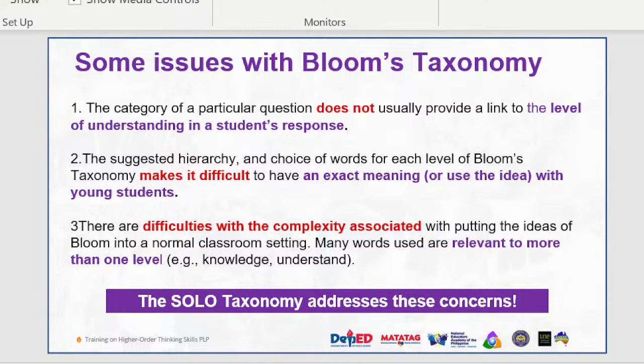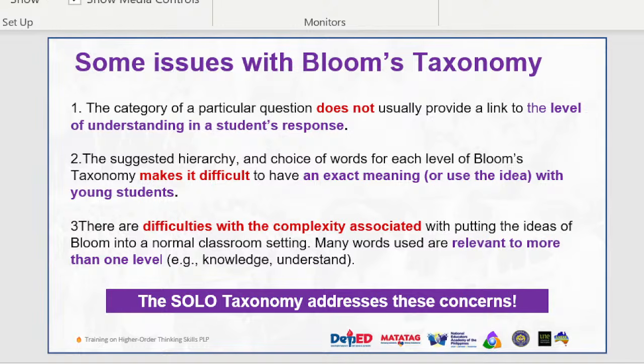That's why, to address these issues, there was an alternative approach, which is the structured observed learning outcomes, or the SOLO taxonomy. So SOLO is not interested in the question.